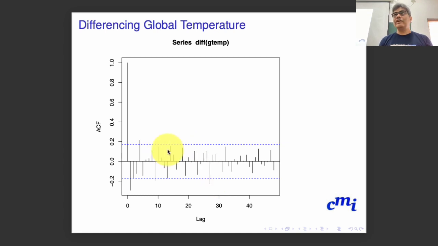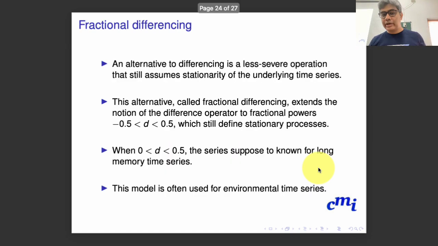It is a 2 standard deviation band, and these barely cross the critical level out of so many lags. So most likely these are all white noise. You don't have enough signal. So it was basically just a trend and some white noise along the trend.